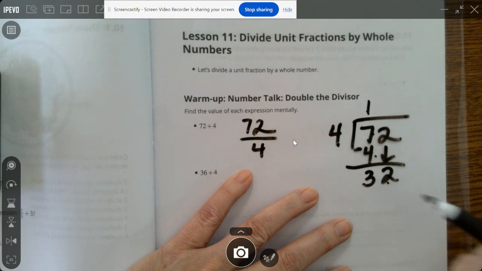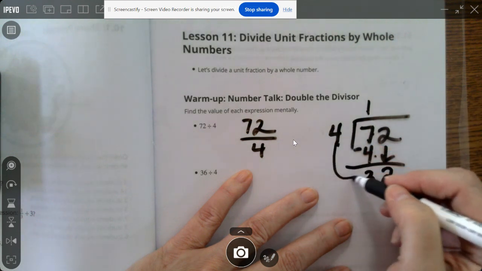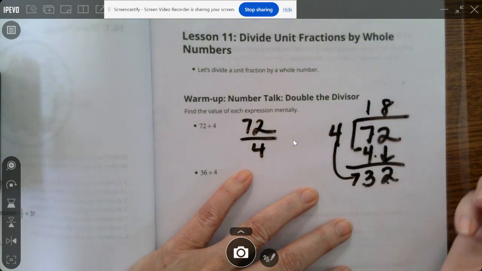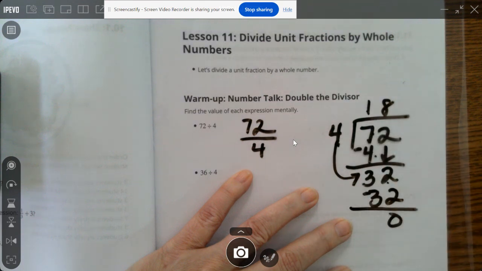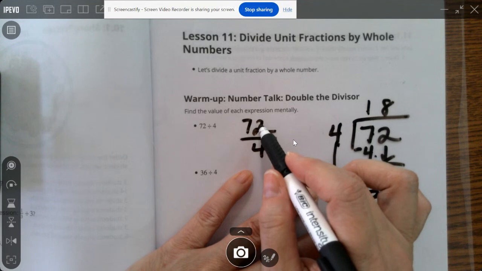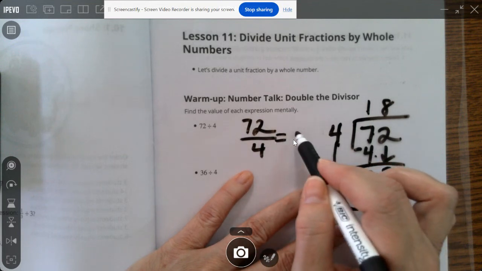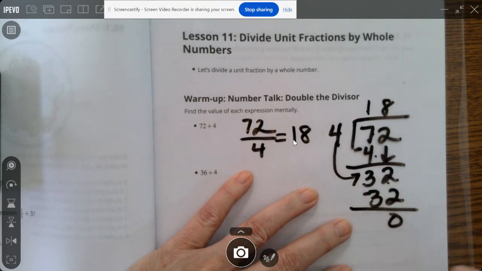The only difference is this tends to be faster and it tends to be more exact. But I'll be honest with you, if you're going to use the forgiving method and it works for you, that's going to work. Okay? So 4 can go into 32 8 times. 8 times 4 is 32. You subtract, you have no remainder. So 72 fourths is 18.